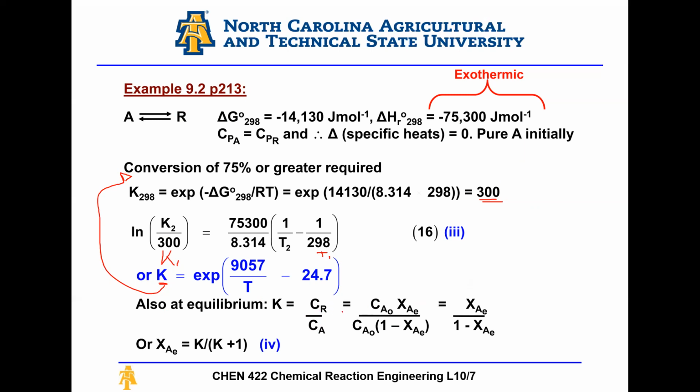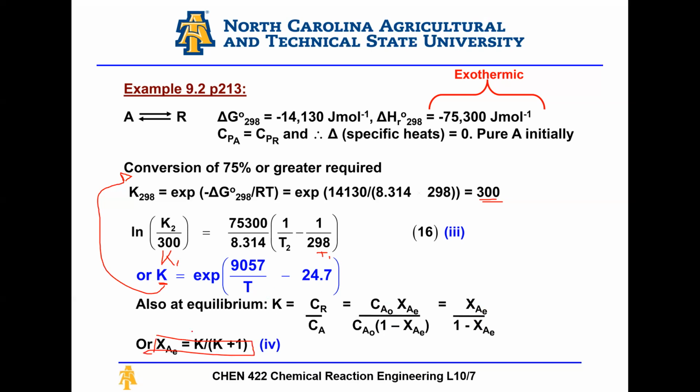CR is equal to CA naught XAE, and we've covered this in case number 6, chapter 3. And CA is equal to CA naught (1 minus XAE). So the concentration of A is the initial concentration times 1 minus equilibrium conversion, and the concentration of the products is the initial concentration of the reactants multiplied by the conversion. So K is equal to XAE over 1 minus XAE. If I rearrange it, I can get an expression for XAE in terms of K right here.